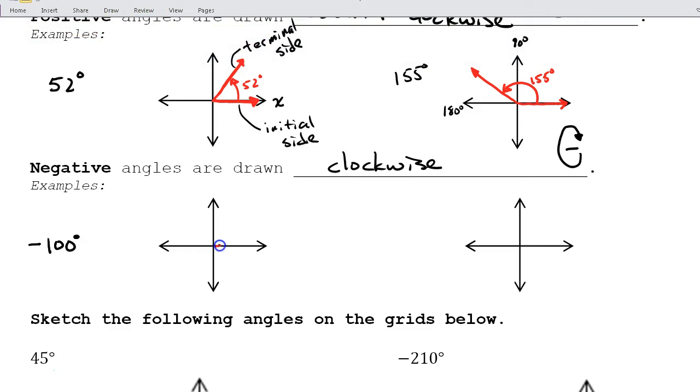So here's my positive x-axis, here's my initial side, and now I know if I'm rotating down this way, once I get to there, that would have been 90 degrees in the negative direction. This would be negative 90. So I just need to go another 10 degrees like this, and that would be negative 100 degrees. Again, make sure you indicate the direction of rotation with that curved arrow that goes in between the initial side and the terminal side.